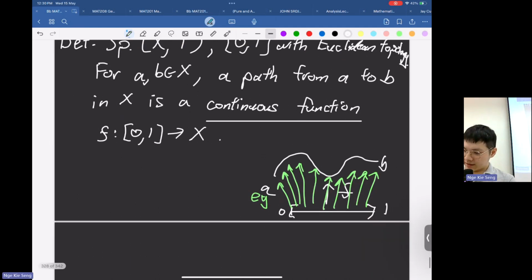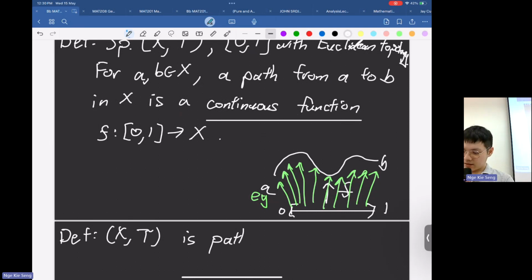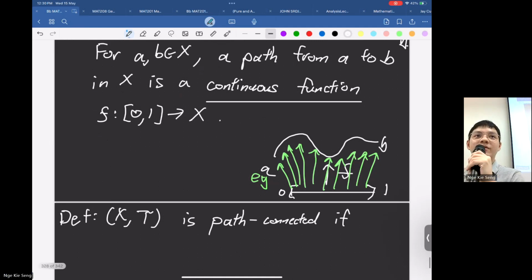So next, when do we say a topological space is path connected? A topological space is path connected if, you want to guess?